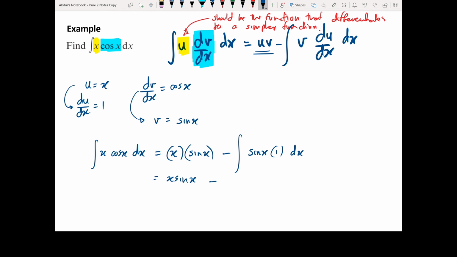So what do we get? We get minus cos x. The integral of sin x becomes minus cos x plus our constant of integration. Okay, now if we tidy that up a bit more, we get x sin x plus cos x plus c.